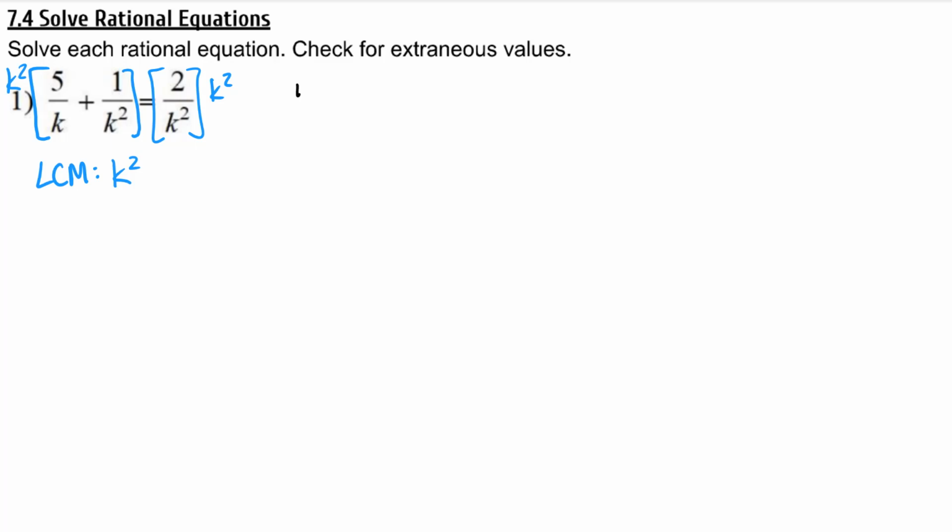This is going to give you 5k squared over k plus k squared over k squared equals 2k squared over k squared. Remember, when you're multiplying both sides of the equation, you're only multiplying the numerator because you're multiplying by k squared over 1.